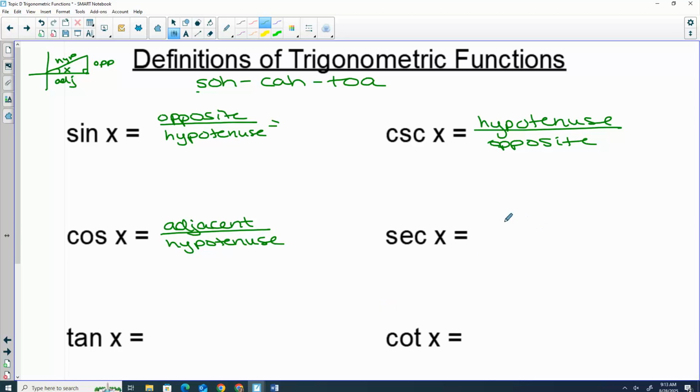Adjacent over hypotenuse. Okay, secant is the reciprocal of that, so that would be hypotenuse over adjacent. And what is tangent?